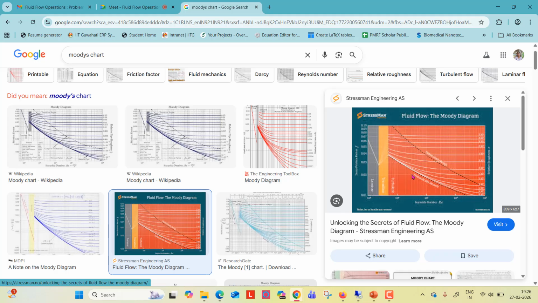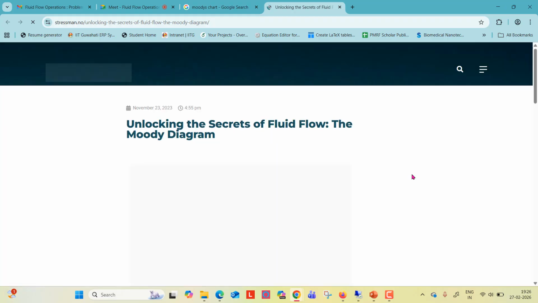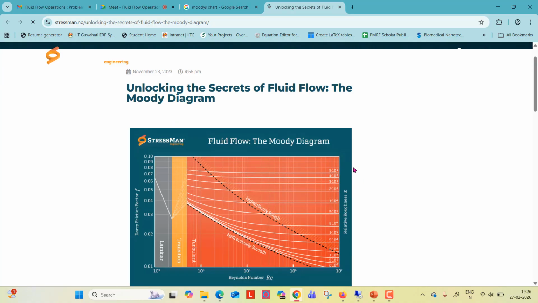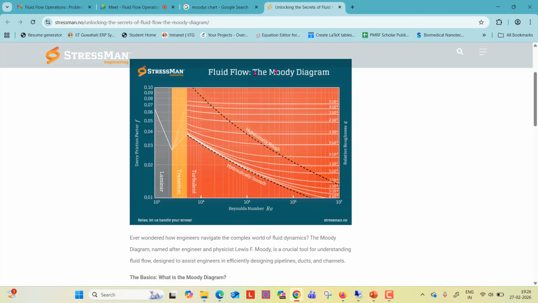If you see this, this is a very famous diagram, the Moody's diagram. It is the diagram of Darcy friction factor, that is FD, versus Reynolds number curve, right?